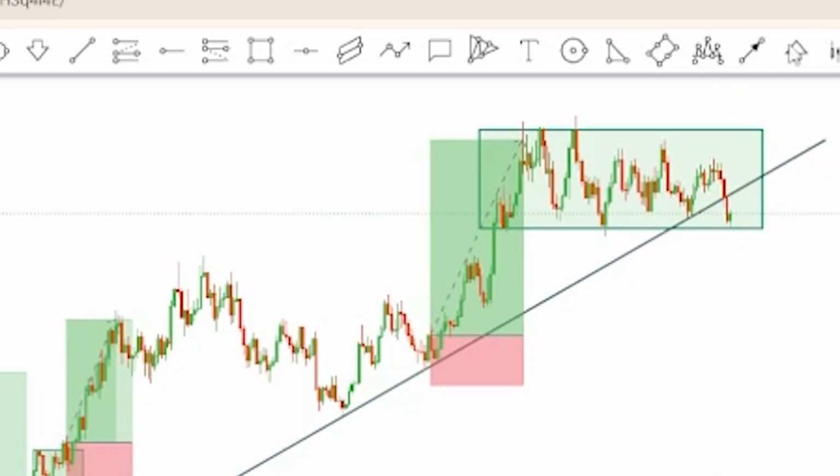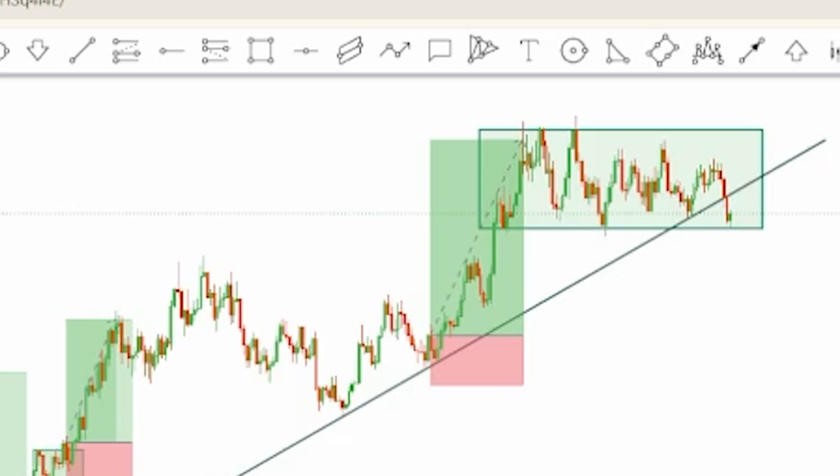So let's see if we can break below this neckline, as we started breaking below this trend line, which was showing us that we're in the uptrend. Let's see if we can break it below.